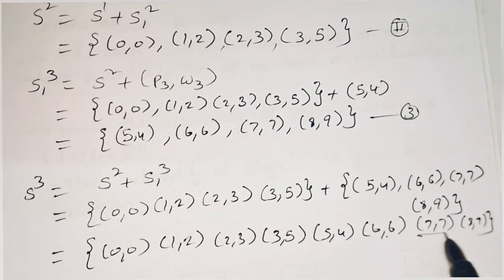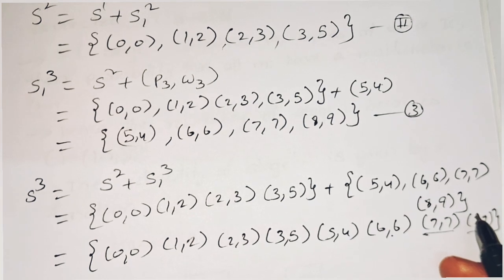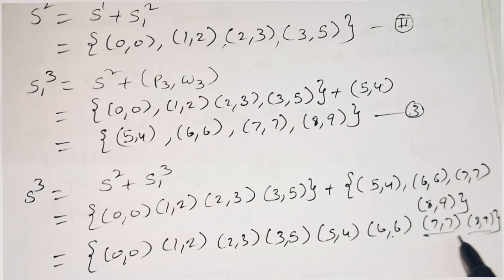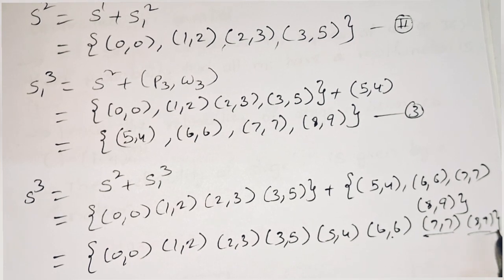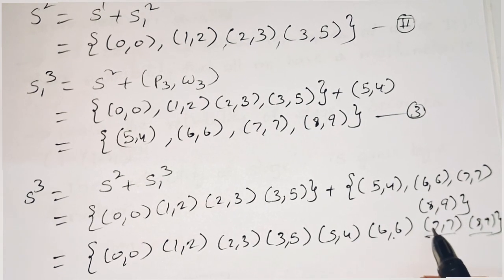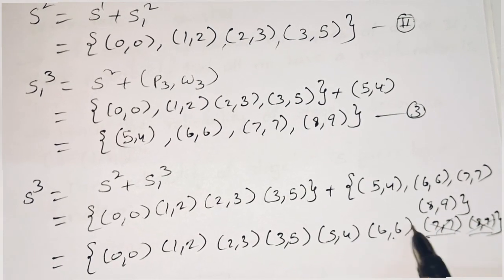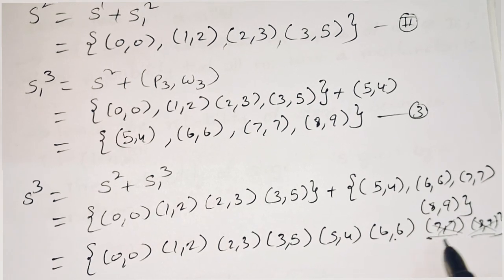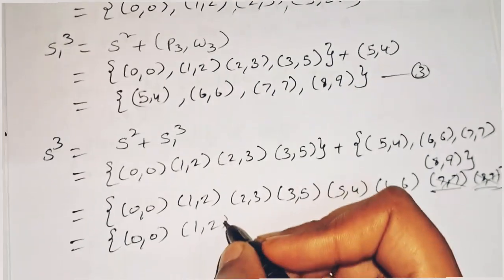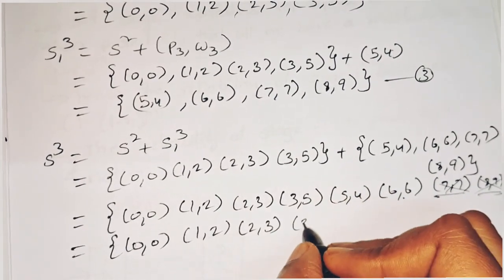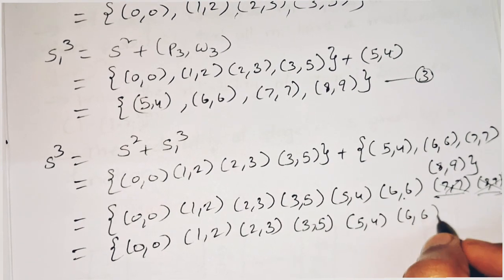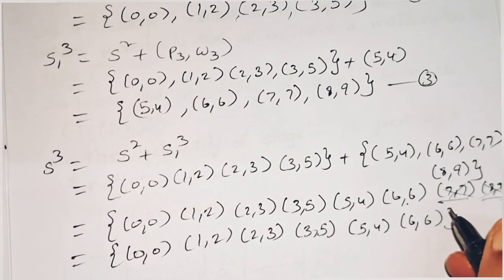So we are going to cancel these two values because their weights are greater than the bag capacity. So that's why we are going to remove these two sets from the given set S3 value. If you cancel these two, then the set is 0, 0, 1, 2, 2, 3, 3, 5, 5, 4 and 6, 6. So this is the S3 value.